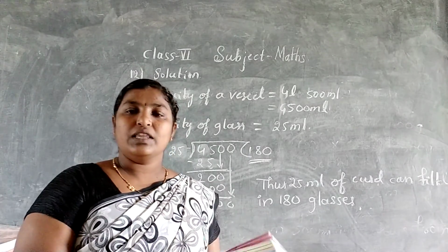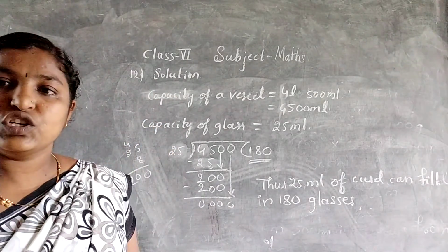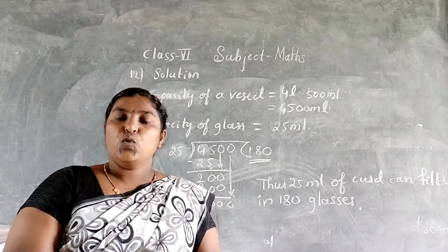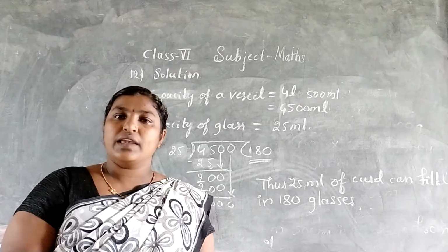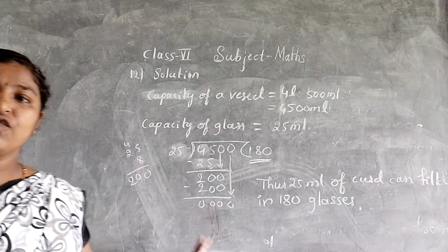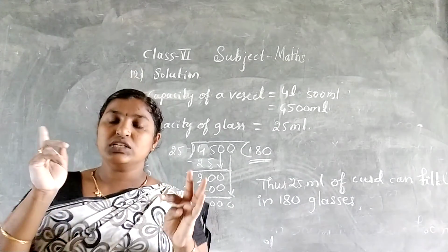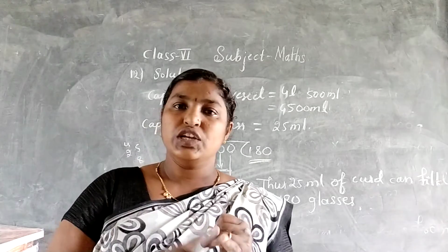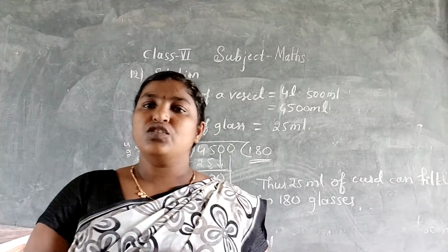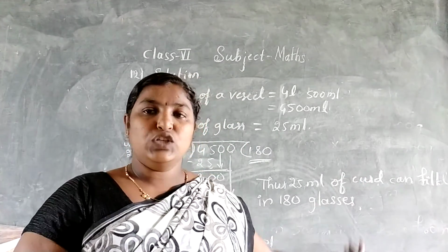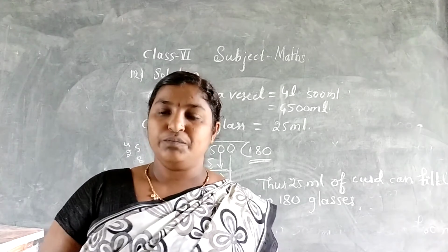This is nothing but the basic concepts: conversion of measurement, doing addition, subtraction, multiplication and division. If you are very perfect with the basic operations and the conversions of measurement, then you can solve the question very easily.